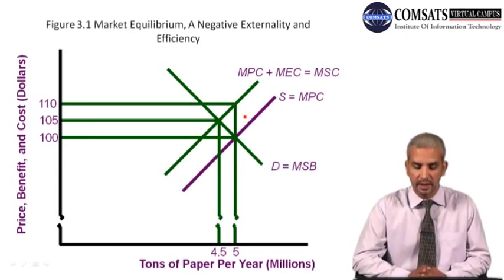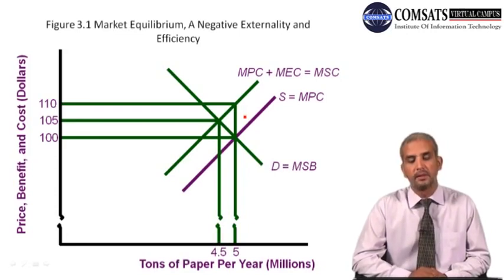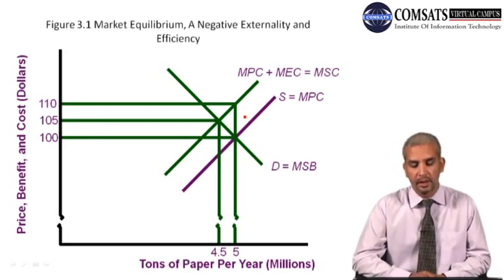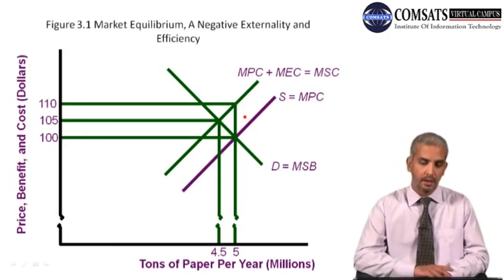Let's assume that at the given moment the demand curve represents marginal social benefit and the supply curve represents marginal private cost. The equilibrium is the point where the price is defined at $100. In this case, the output being produced is 5 million tons of paper per year.